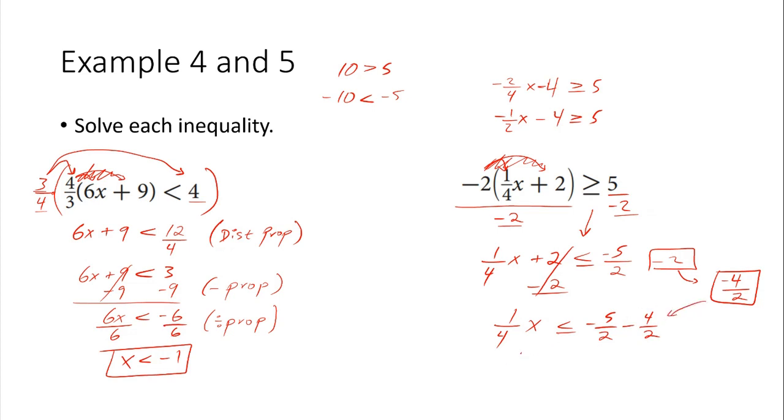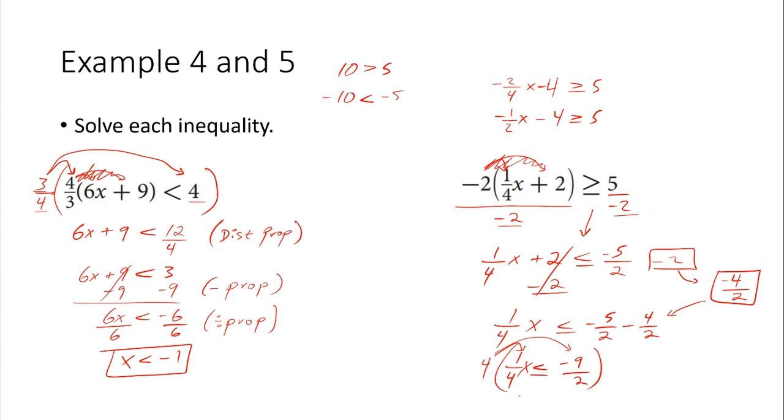Okay. So you got 1/4 x is less than or equal to, what's -5 minus a 4? What's 5 plus 4? 9, but both of them are negative. So -9, and then again, half. What's the opposite of dividing by 4? Sorry, I forgot the variable. Multiply by 4. Just remember what you do to one side, do the other.